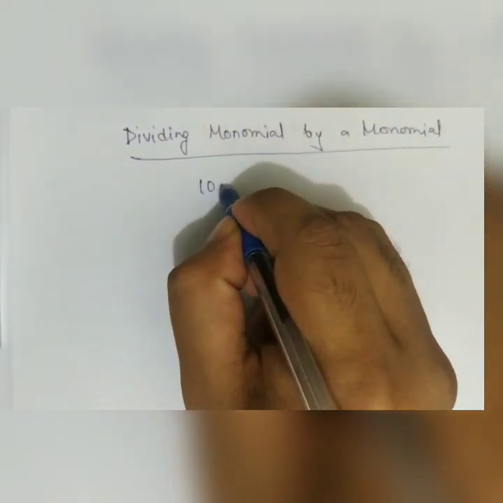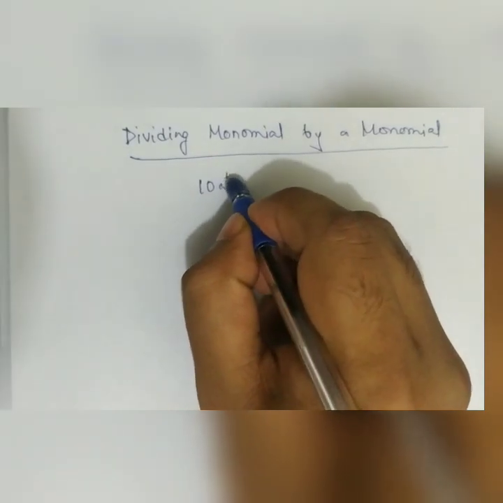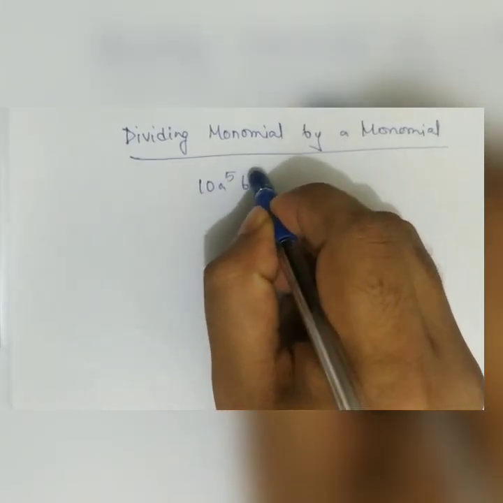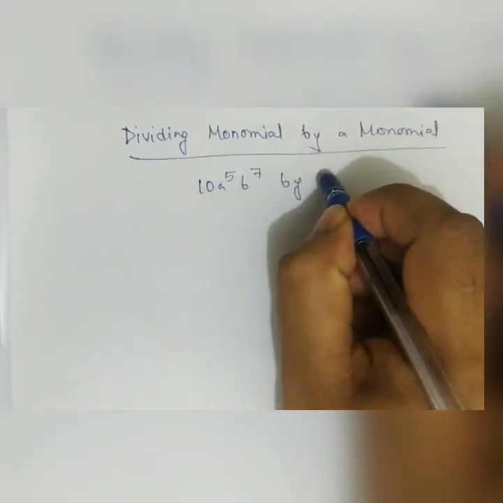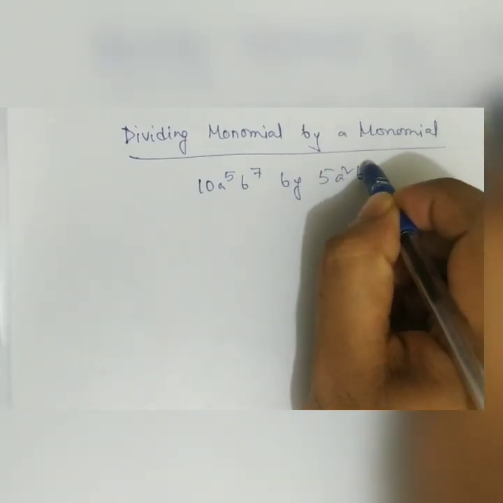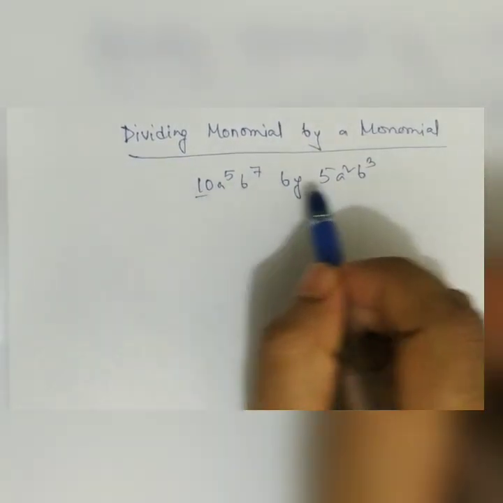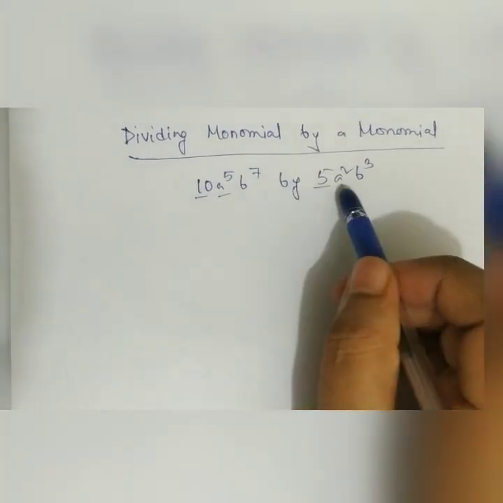I'm sure it will be easy for you now, since you know how to multiply them. First we need to divide the number by number, then the variable by the variable.